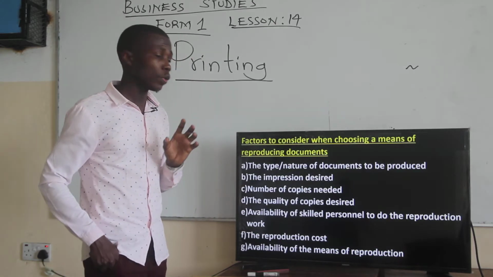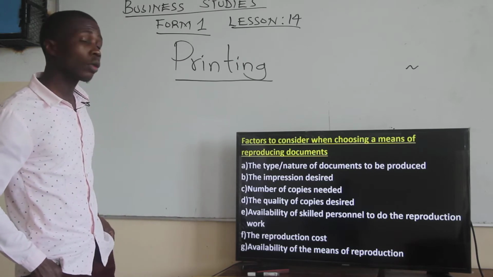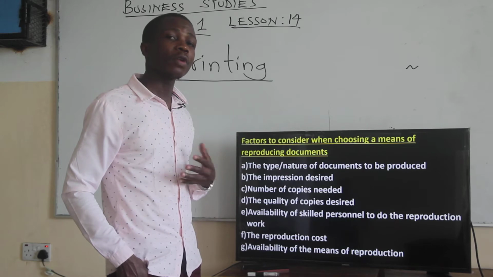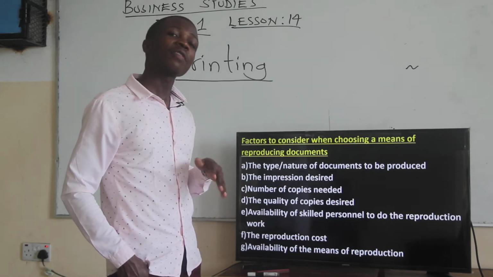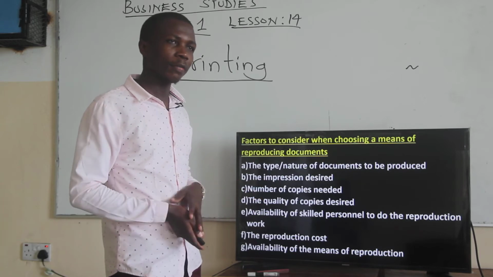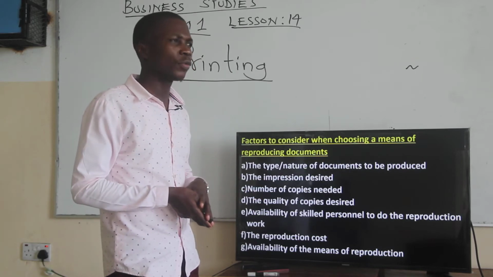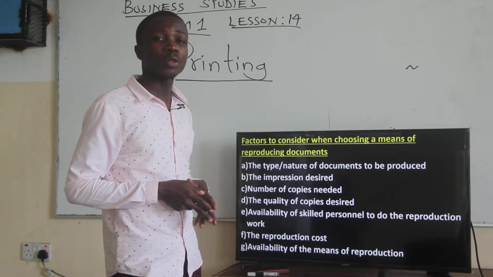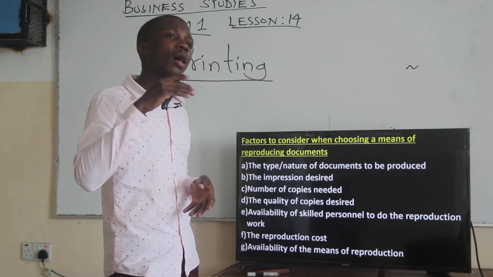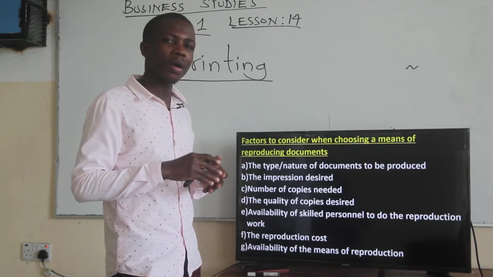you're going to choose. Then the next, the reproduction cost. Of course, most of the people will always go for the cheap or the affordable one. Not cheap, but affordable one. And there's a saying that says that cheap is expensive. I hope you also can witness that. But in business, we don't say cheap, we say affordable, because you will not budget something more than your budget.